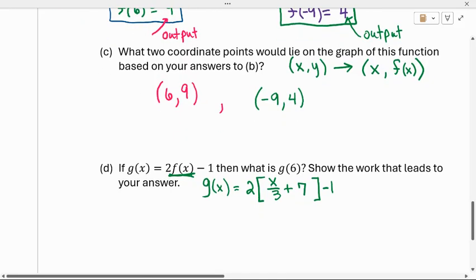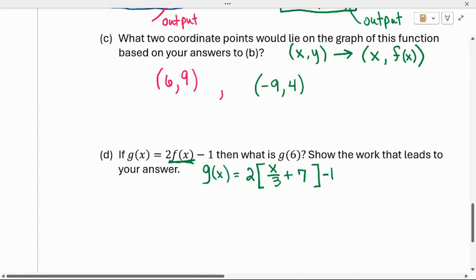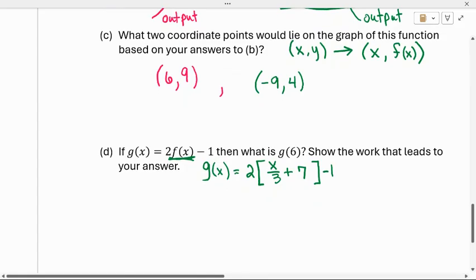Okay. So we can do one of two things. We can simplify that, or we can just evaluate it because it says that g of x equals 2 times the f of x function, which is x divided by 3 plus 7. Subtract 1 from that total. Well, we're trying to evaluate g of 6.